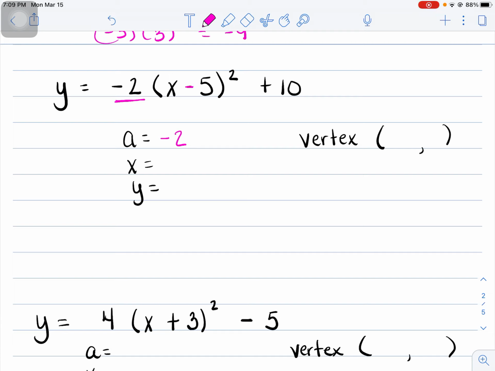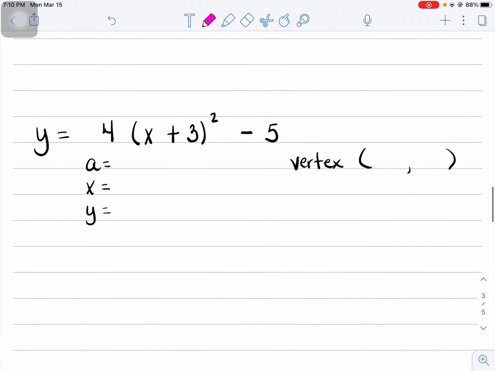So if it's already part of the problem, we think what could be put with it to make it 0? Well, it's a +5. Or you can think opposite of whatever's there. And then plus 10, and we know in our formula it's plus, so we know our y is 10. So then to find our vertex, it's just our x value and our y value. So 5, 10.